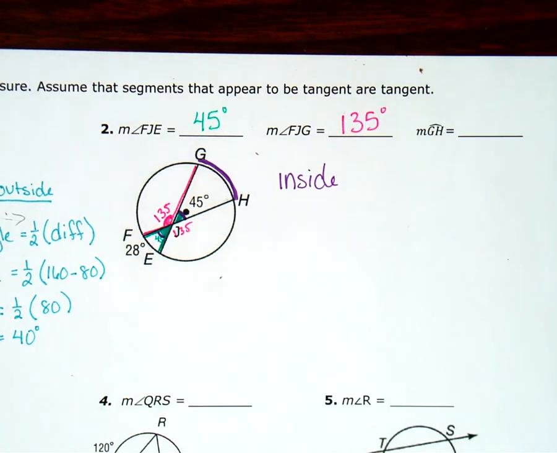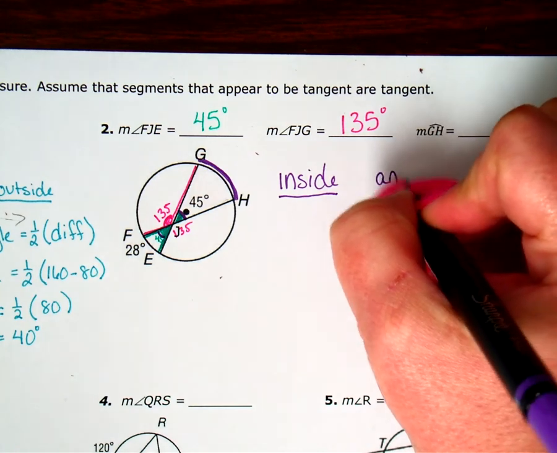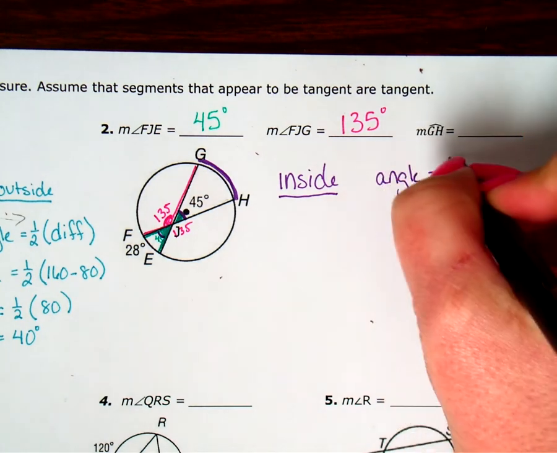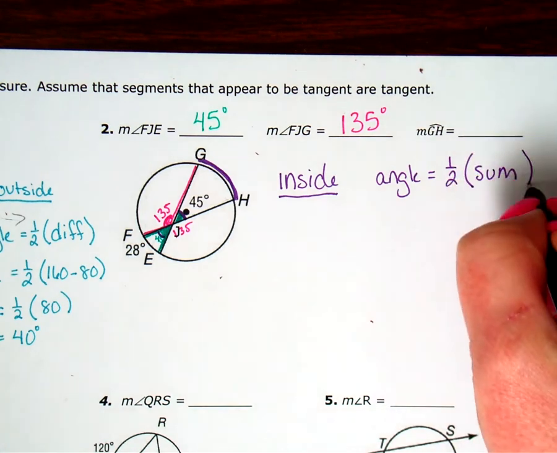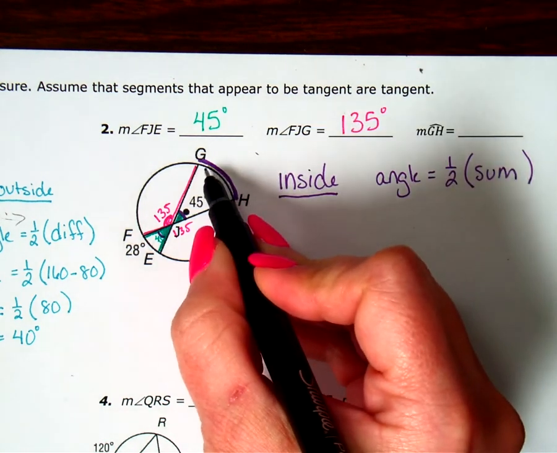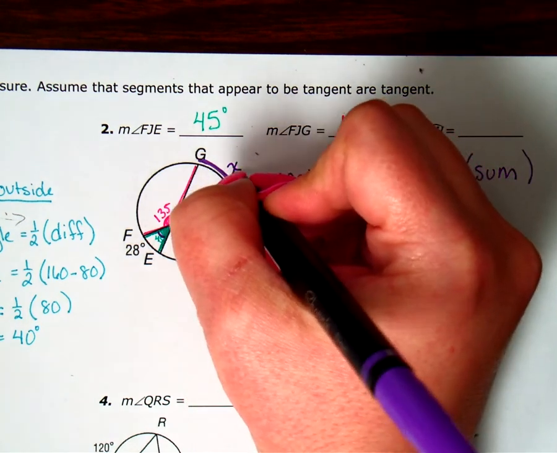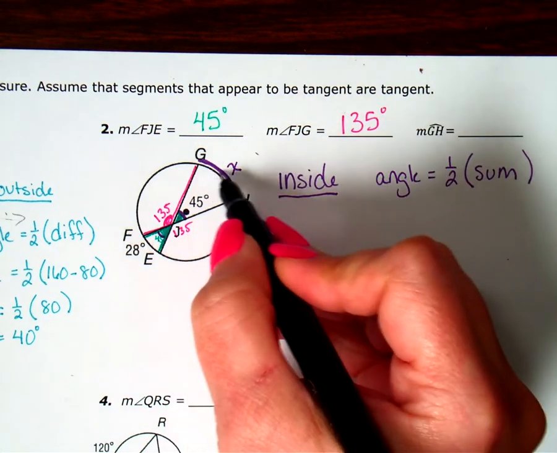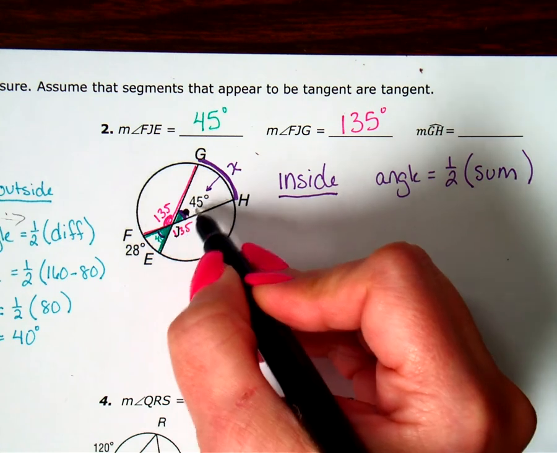When we're inside, our formula says the angle is 1/2 the sum of the intercepted arcs. So if I think of this GH that I'm trying to find as an intercepted arc, I'm going to call it X because I want to find it. It's the intercepted arc for this angle right here, 45 degrees.